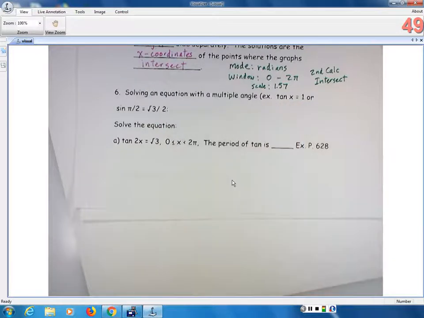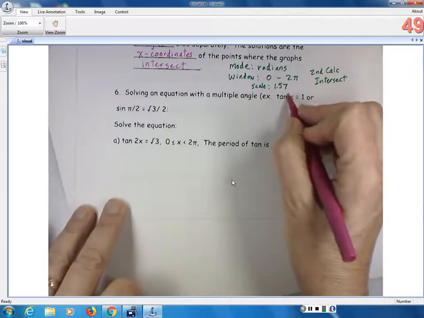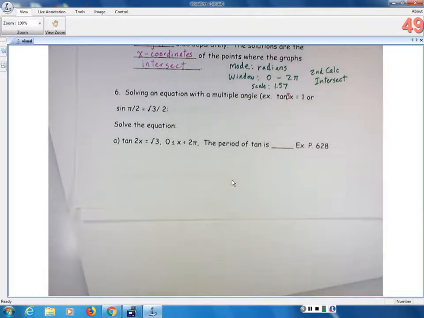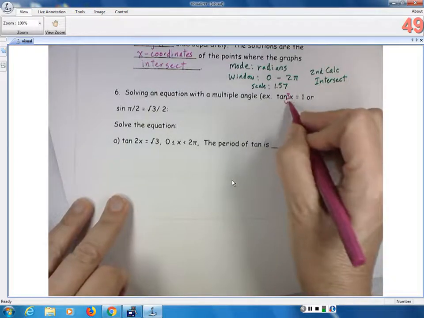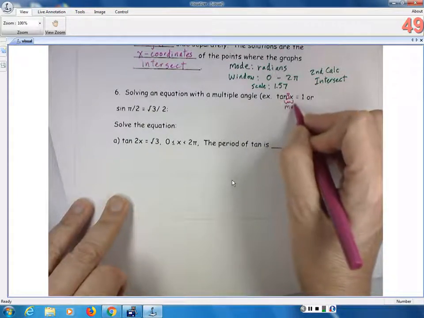I have on my notes that this was supposed to be 3x. For instance, if you have tangent of 3x equals 1. This is a multiple angle. There's a 3 missing there.